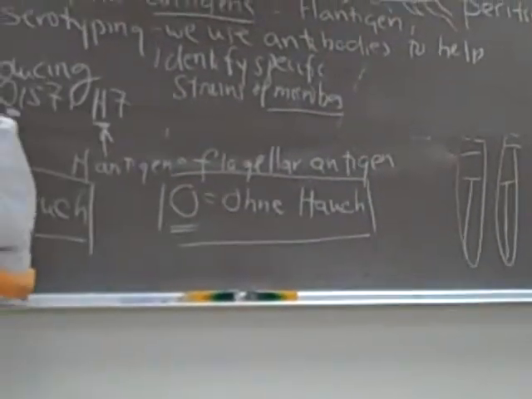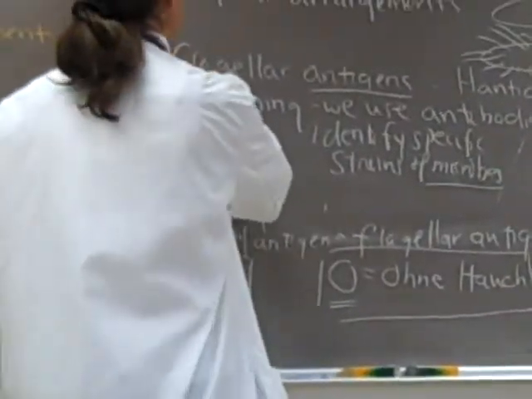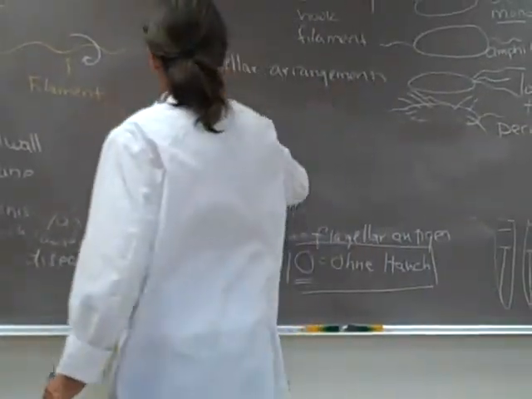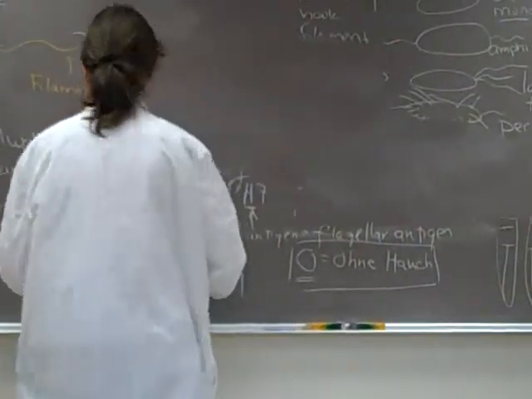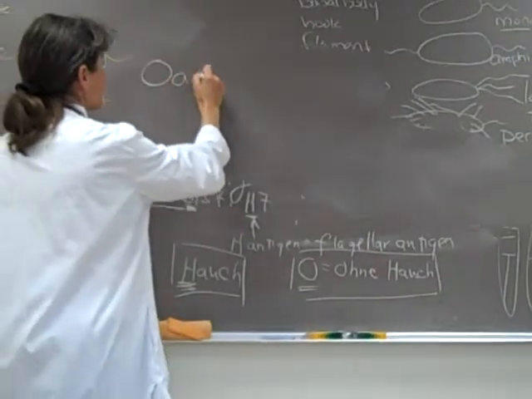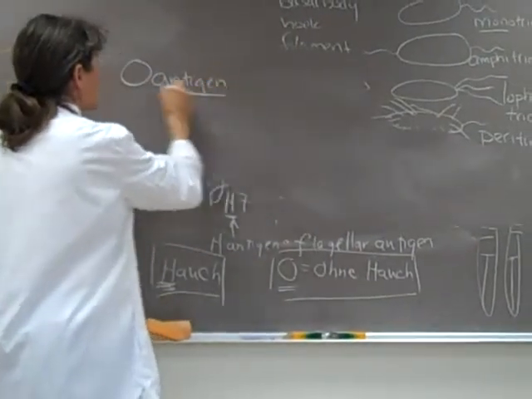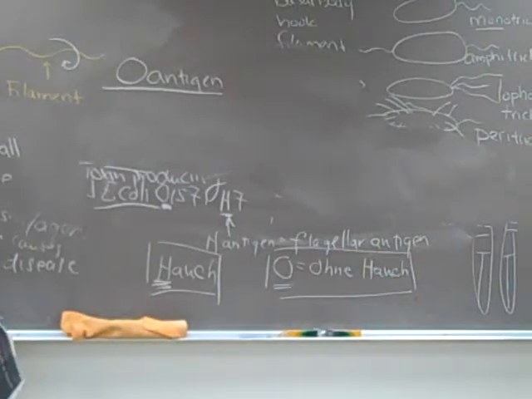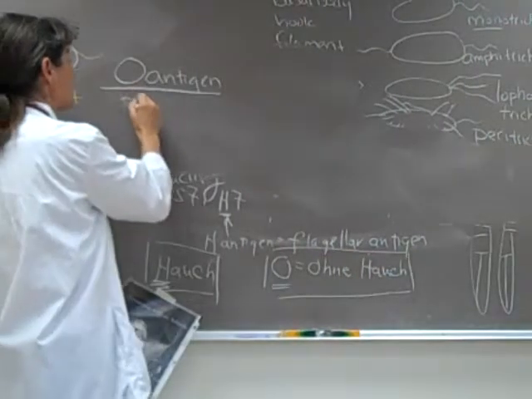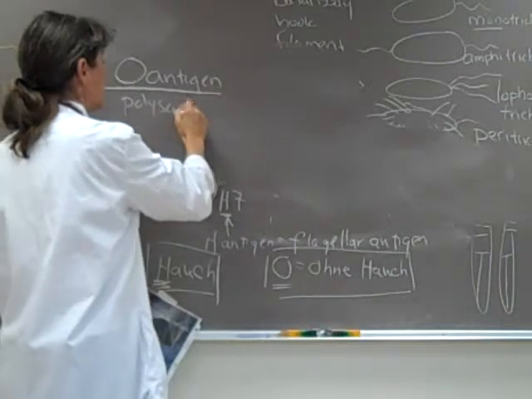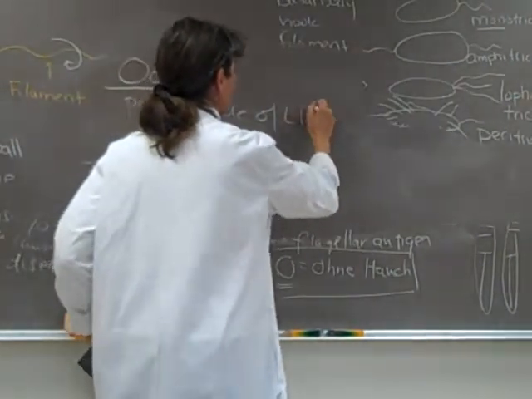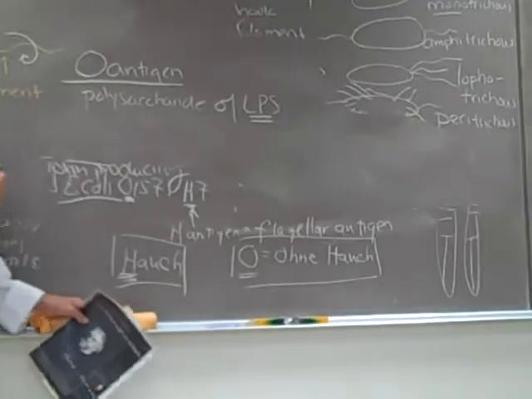And the O antigen, if I were to ask you what is the O antigen, it's the polysaccharide portion of LPS. What does LPS stand for, you guys? I know this is going back a bit.